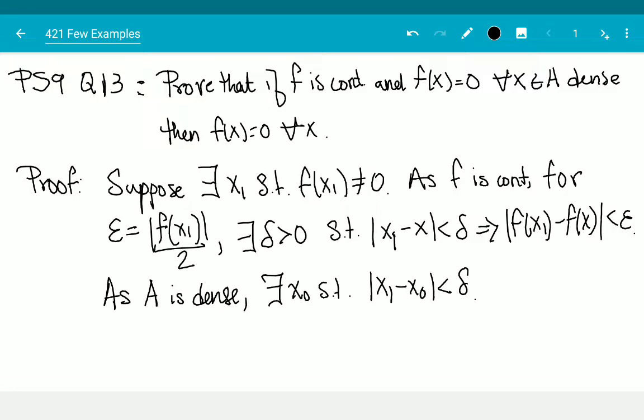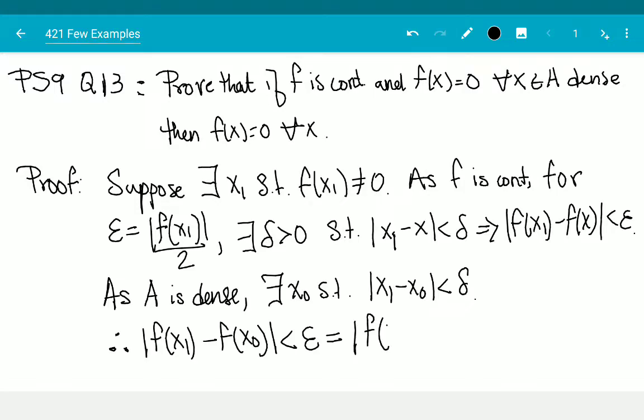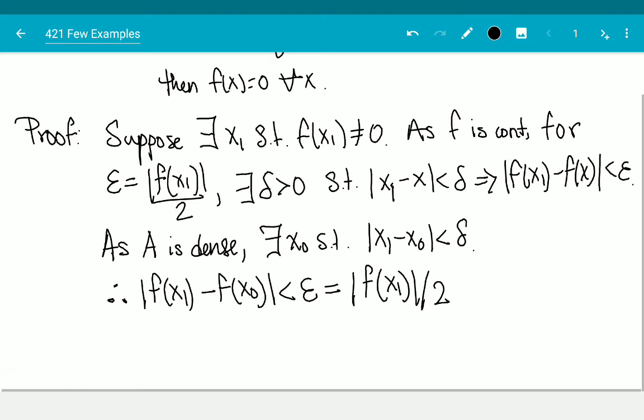Given any open neighborhood around any point, you should always be able to find some point of A inside it, right? So x1 minus x naught is smaller than delta, therefore f of x1 minus f of x naught is smaller than epsilon, which is equal to absolute value of f of x1 over 2, right?